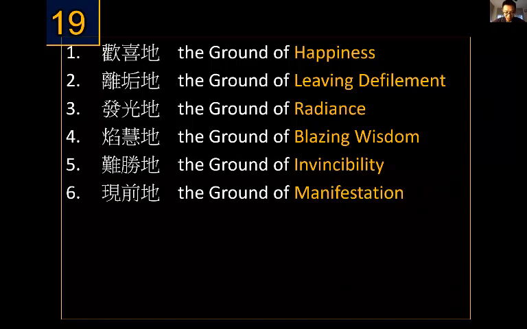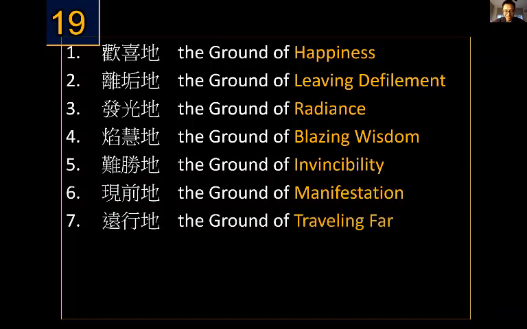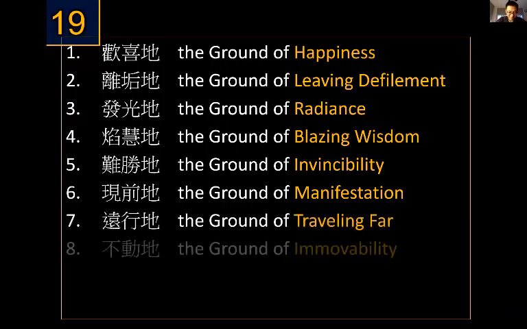And then the ground of immovability is not like immobile or disabled, but immovability, that the heart never moves anymore. It's one way, non-stop. So to answer just now, is there any stage that once you reach, you will not regress anymore? That would be the eighth ground, the ground of immovability.